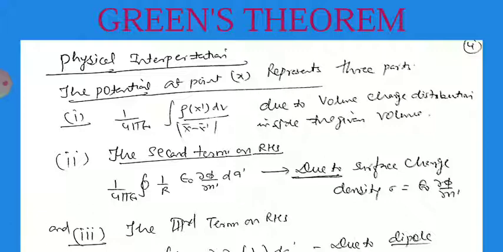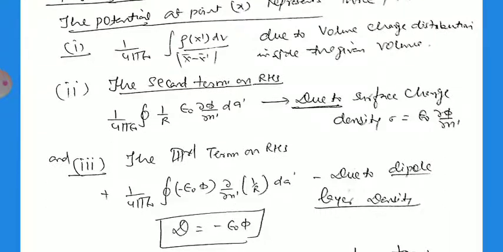And the third term on the right hand side, 1 by 4 pi epsilon naught times minus epsilon naught phi del by del n of 1 by r dA, is due to the dipole layer density. We know that capital D equal to minus epsilon naught phi, so this gives the potential due to the dipole layer density.